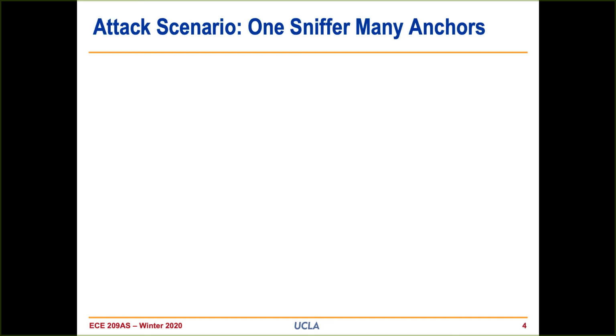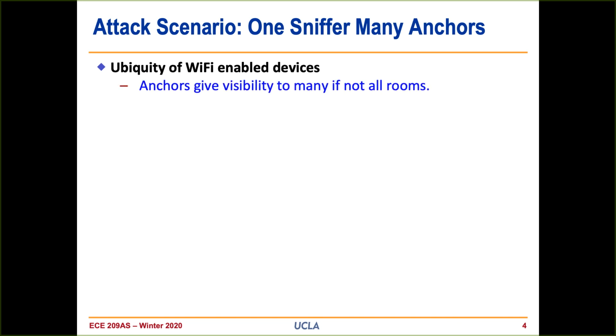So talking about the attack scenario, we have a ton of Wi-Fi enabled devices: printers, IoT devices, voice assistants, security cameras, smart appliances, lots of things have Wi-Fi. This gives visibility to many, if not every single room within the house or office that you're maybe mounting an attack on.